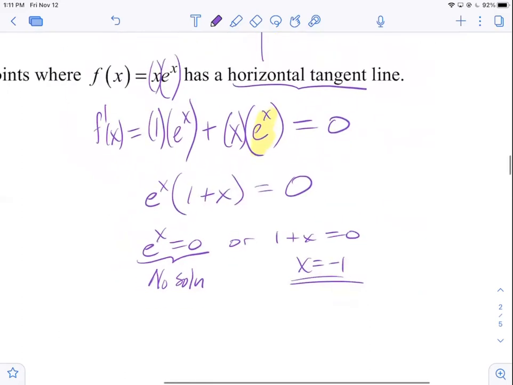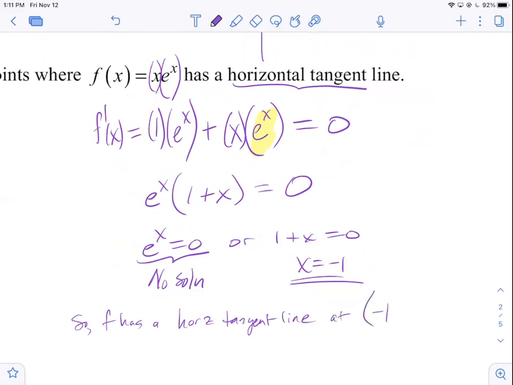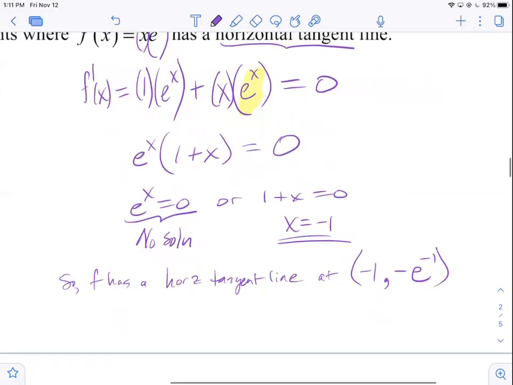Now if we want the coordinate, we could say f has a horizontal tangent line at x equals -1, and then all we have to do is plug it back into the original function. f of -1 is -1 times e to the -1, which is negative e to the -1.